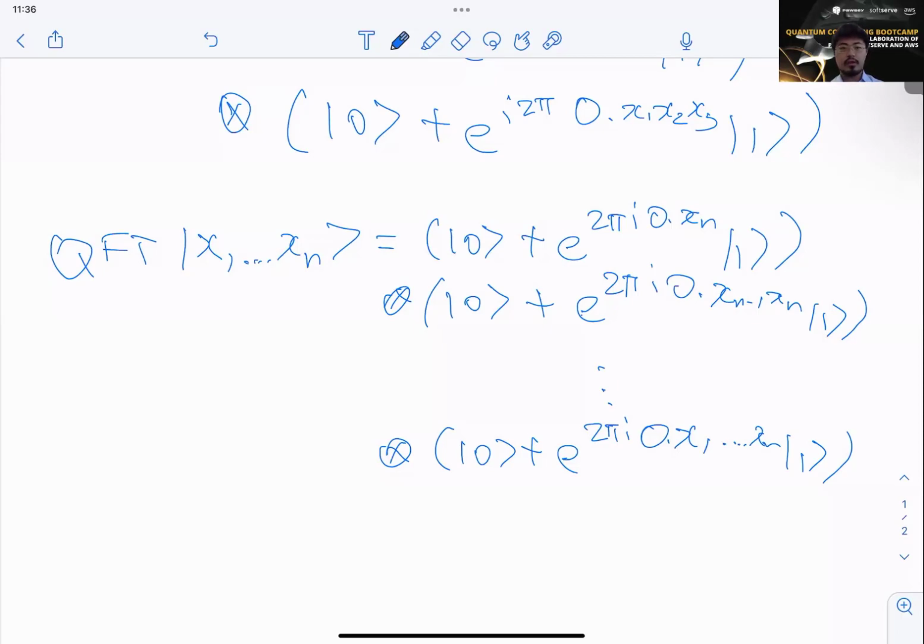Okay, I'll repeat my question again. What does the inverse Fourier transform do? If this is what the quantum Fourier transform does to x1 to xn, what does the inverse quantum Fourier transform do?